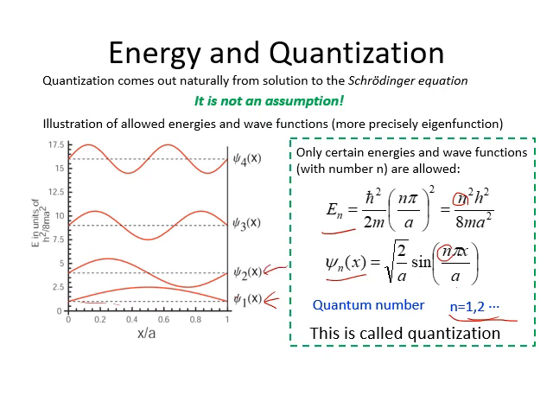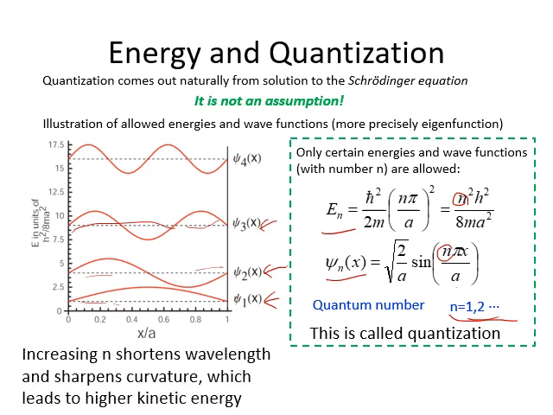The second wave function, n equals 2, you have one wave. And the third one, you have 1.5 waves. So when you increase the quantum number n, the wavelength decreases.